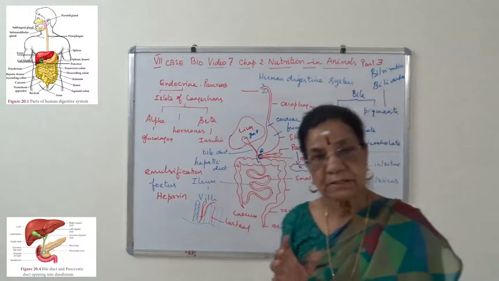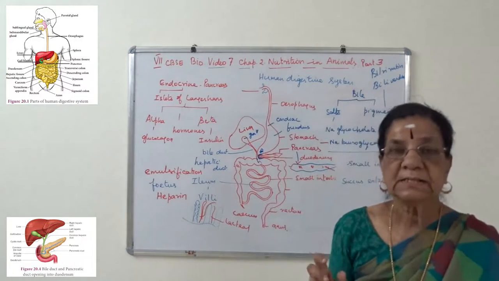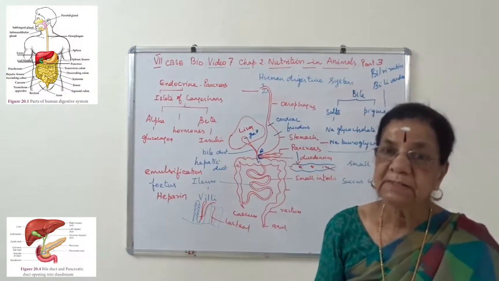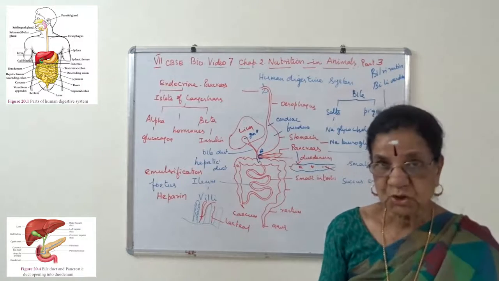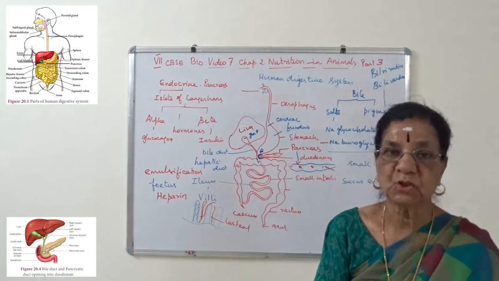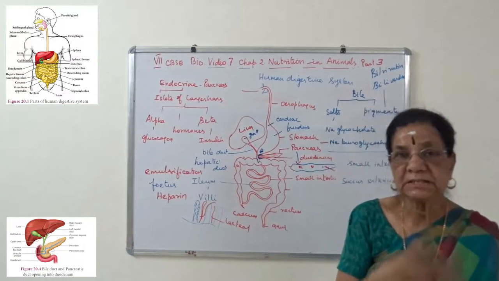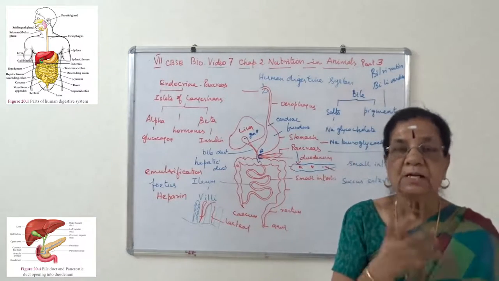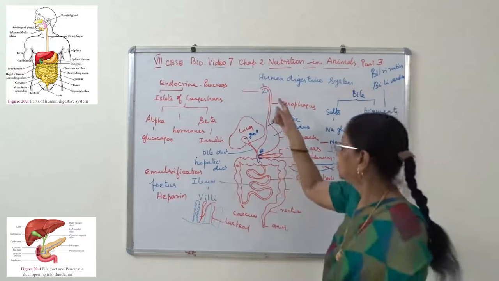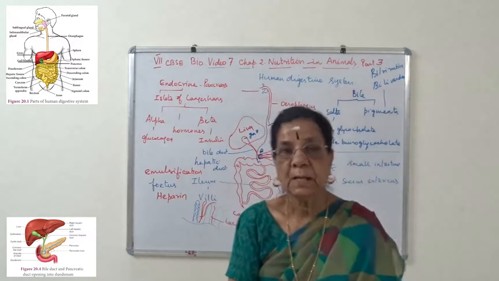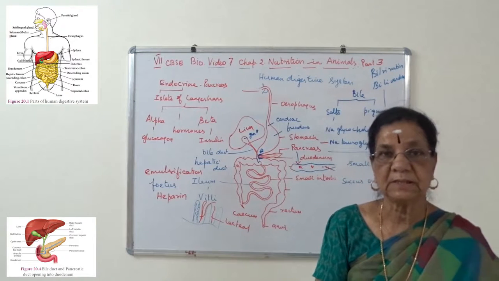So the completion of digestion takes place in the small intestine, and then it is absorbed. First ingestion in the mouth, then digestion from the mouth up to the small intestine, completion of digestion, right?